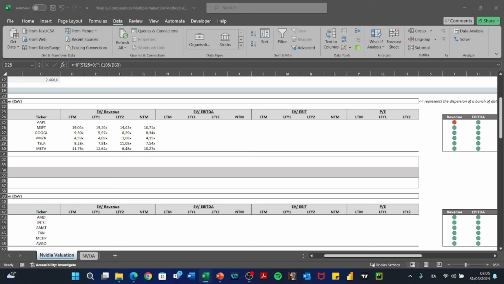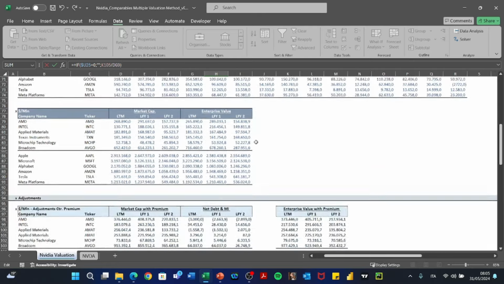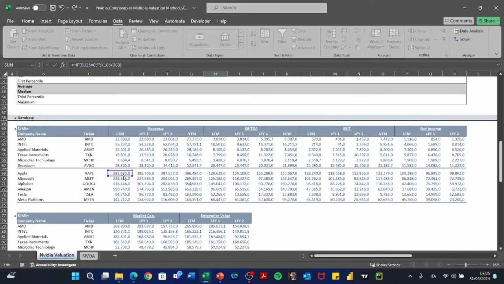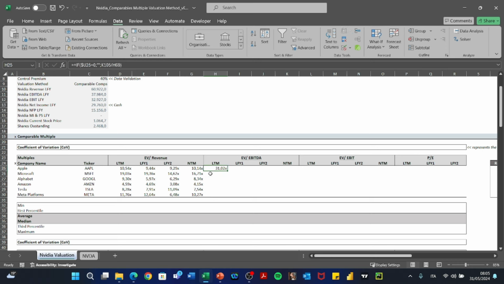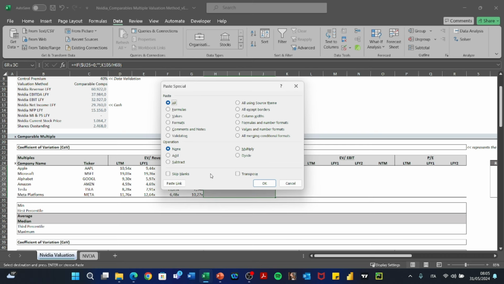Okay, let's now do the same for this other multiple, which means that in this case it will be our EBITDA. We link enterprise value with last 12 months EBITDA, which returns us 31.02.